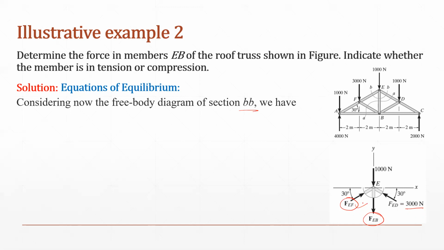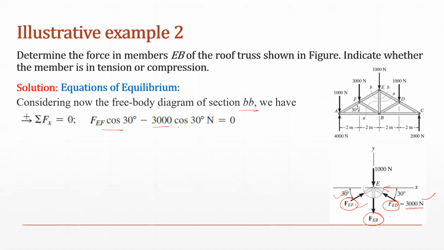If we get a negative value, then our assumption is incorrect and we have to reverse the direction. Now, using the equations of equilibrium again, first we use summation of Fx equals 0. FEB will not have any horizontal component, so we consider only FED and FEF. The horizontal component of FED will be FED cos 30, with value 3000, and it has this direction, which is negative.